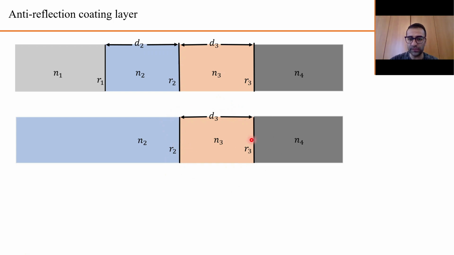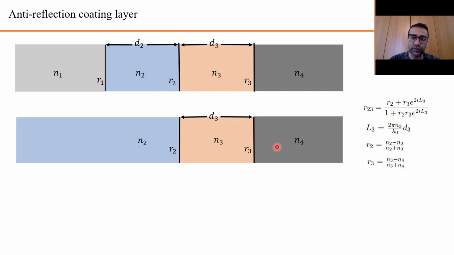We did it in the previous section, and if we define it as R23, it will be R2 plus R3 exponential of 2iL3 divided by this, where L3 is 2 pi N3 divided by lambda naught times D3, and R2 is N2 minus N3 divided by N2 plus N3, and R3 is N3 minus N4 divided by N3 plus N4.